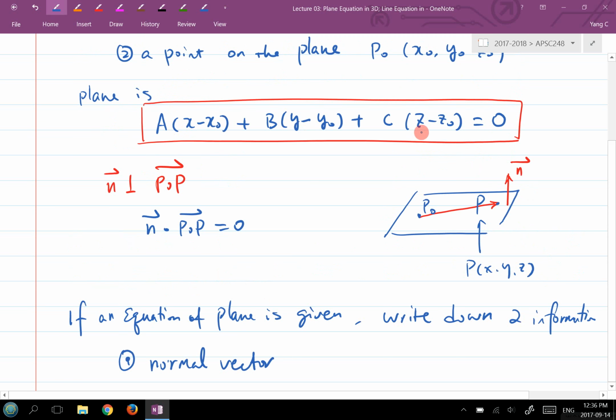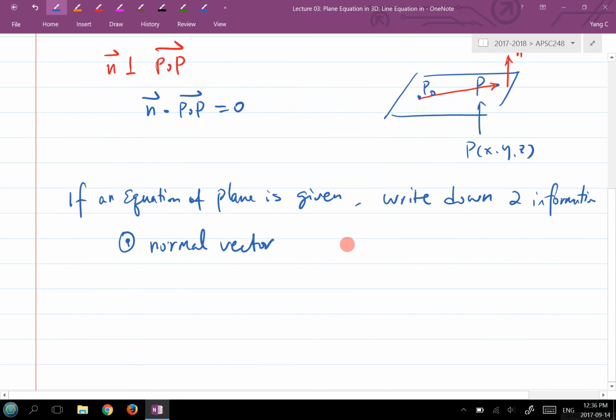For example, if I give you a plane equation, 3x plus 6y plus 4z equal to 1, what's the normal vector here? It's (3, 6, 4), right?